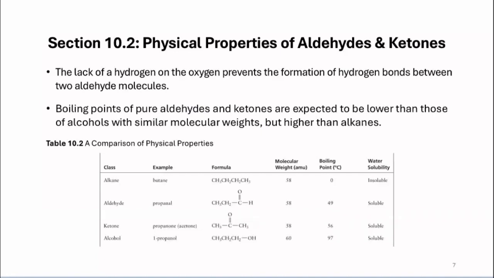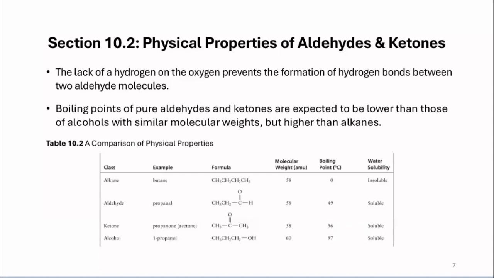Because in the case of alkanes, what we have is nonpolar molecules, which means that in a solution of butane, even though it's close in molecular weight to propanol and propanone, we see that overall the boiling point is low. And it is simply by the fact that dispersion forces is the major attractive force found in the molecule.